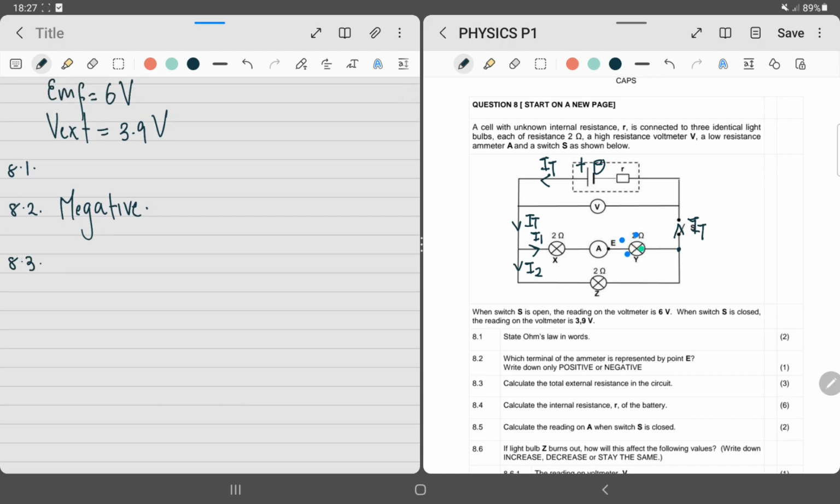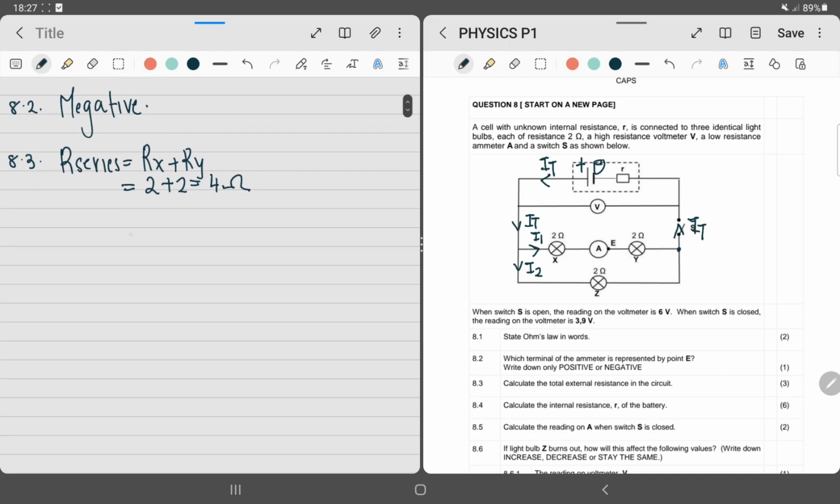8.3. Calculate the total external resistance in the circuit. Okay, so let's focus on X and Y. X and Y are connected in series, so R series should be equal to R of X plus R of Y, which is 2 plus 2, so that's 4 ohms. So now we'll have something that looks like that.